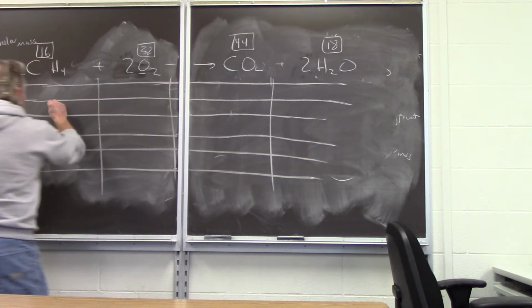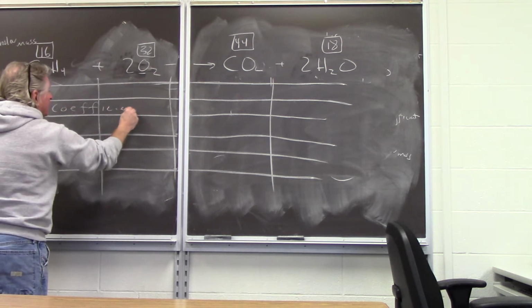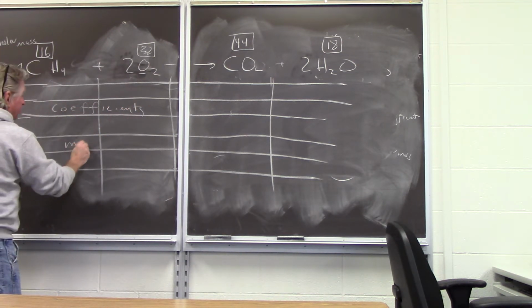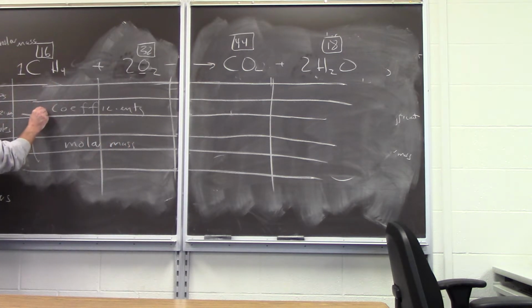Okay, these are going to be your coefficients, and they never change. And these are your molar masses. You're always dividing up into groups. You always go from grams to moles. You divide the grams up into moles to make moles, find out how many moles you have. And if you have moles, you need to figure out how many recipes those moles can make. So whenever you want to go up, you divide up into.